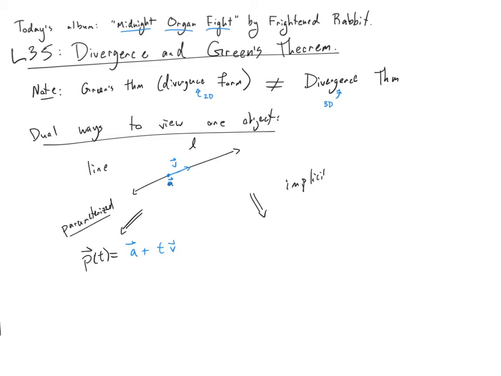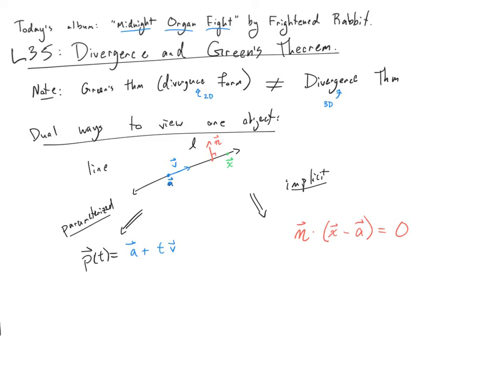The implicit form for the line, which we arrived at by constructing a normal vector to the line, and then doing some formula that looked like n dot (x minus a) equals 0, where x was now an arbitrary other point on the line, and x minus a is now that vector along the line between a and x.